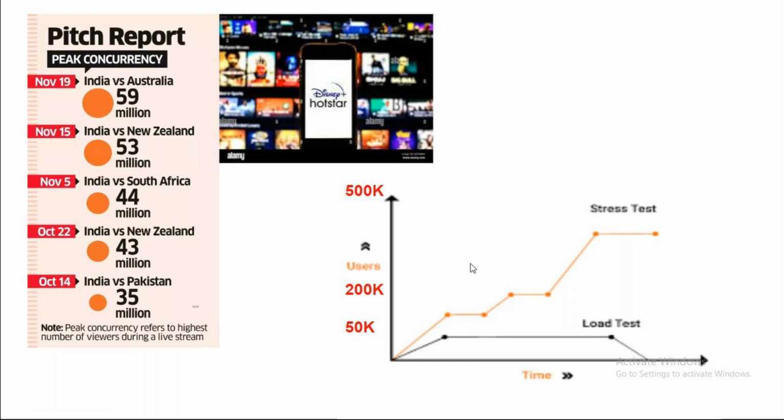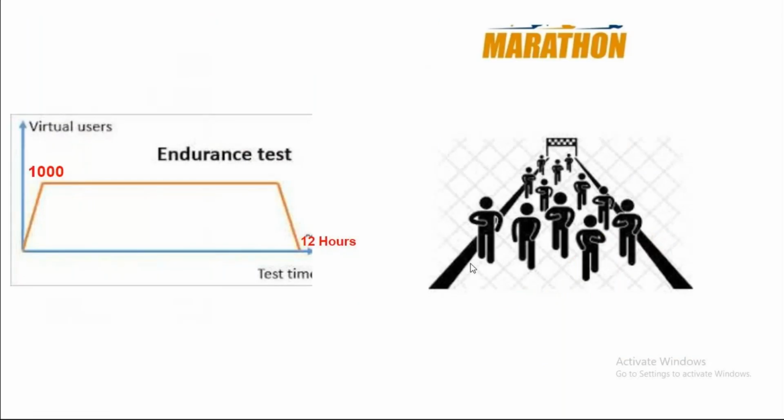For every application, it's going to run continuously, 24/7. So in order to test the endurance of the application, we need to do an endurance test. What is the difference between load test and endurance test? It is similar to the load test. In a load test, you are running for an hour with the expected load.